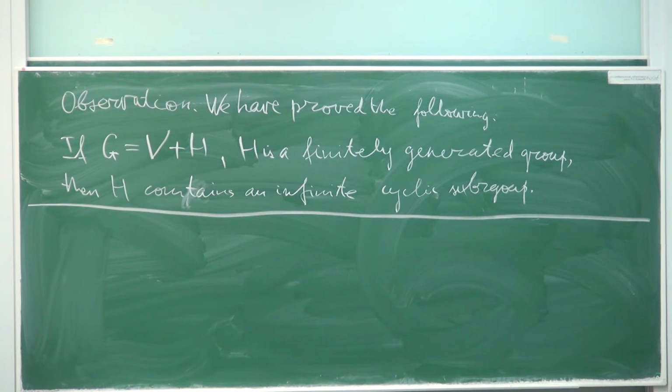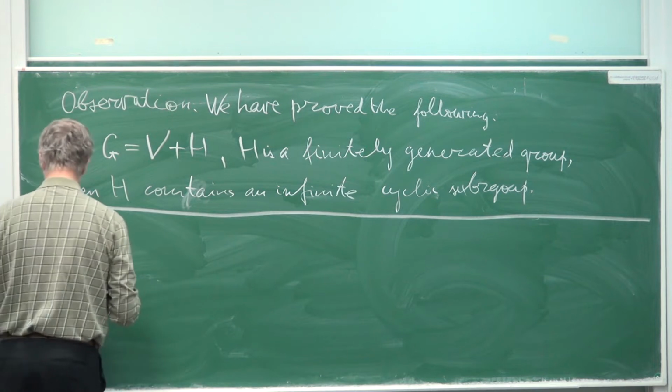And now we return to the situation. So we have a cyclic subgroup in our group H, and our H is finitely generated.